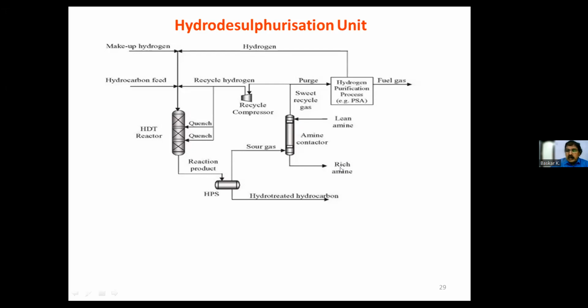Rich amine takes the H2S along with it, where it is further processed to produce sulfur. That is a separate product. So this is a simple method of removing sulfur in any product, be it kerosene or petrol or diesel.